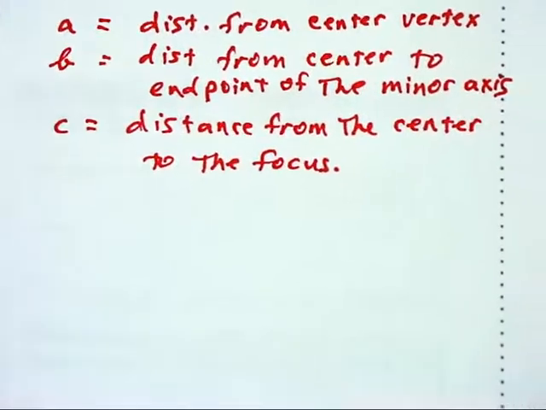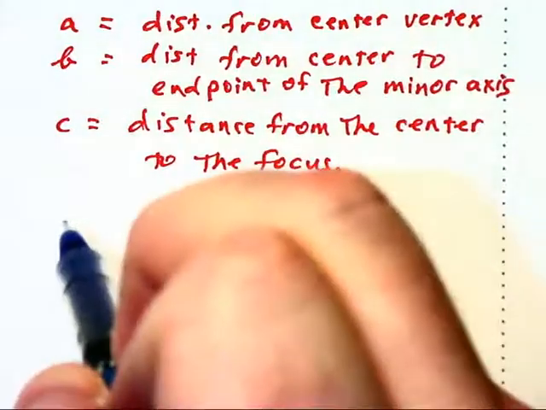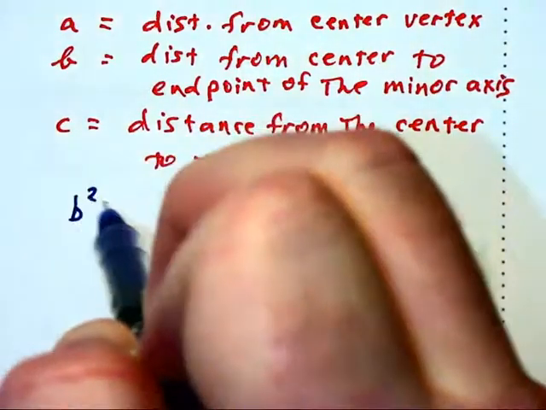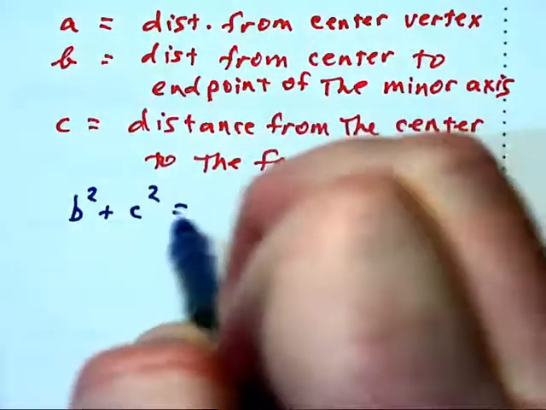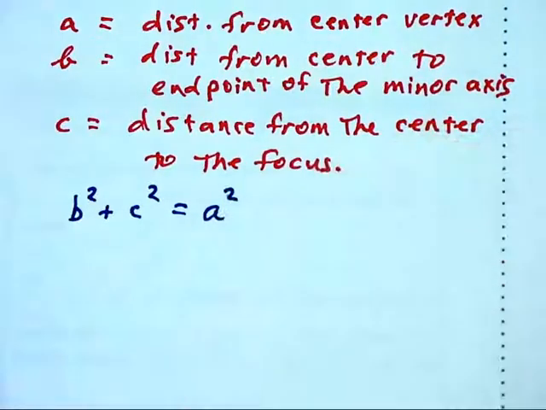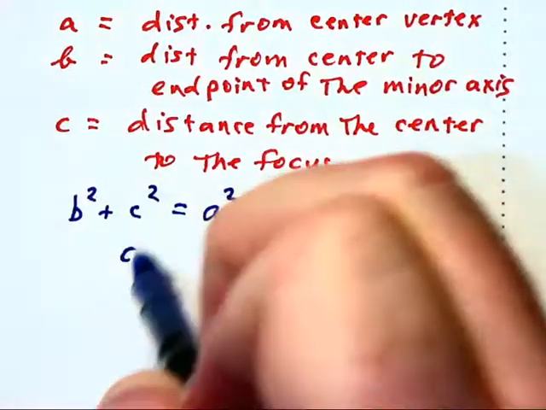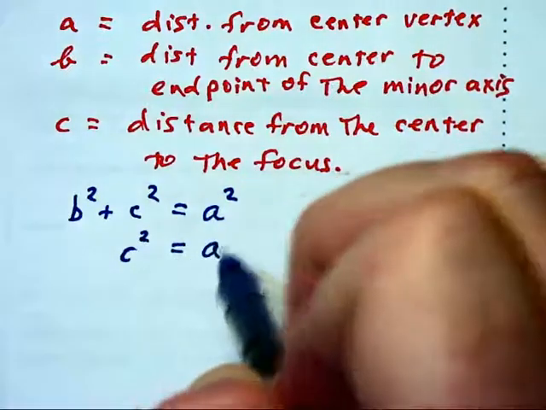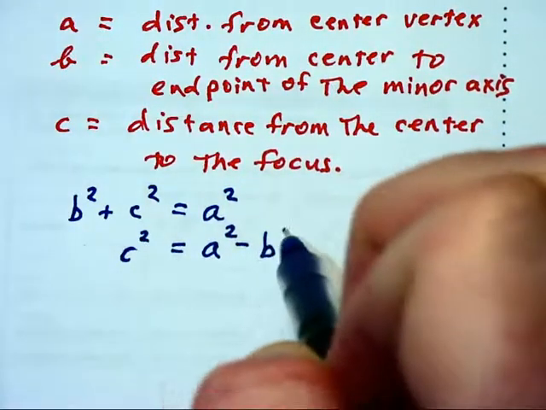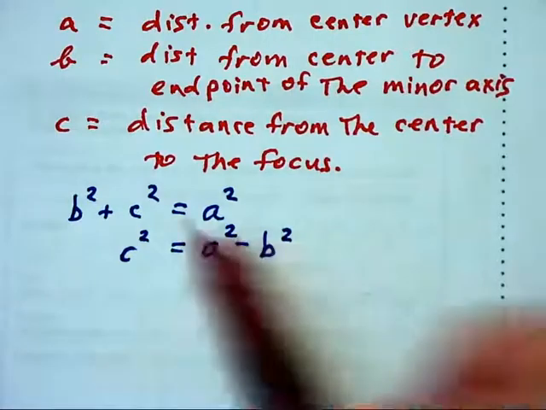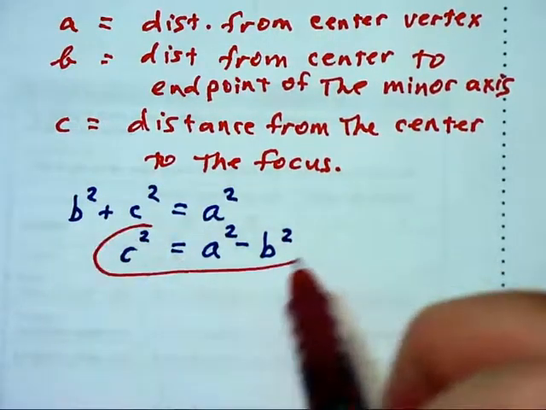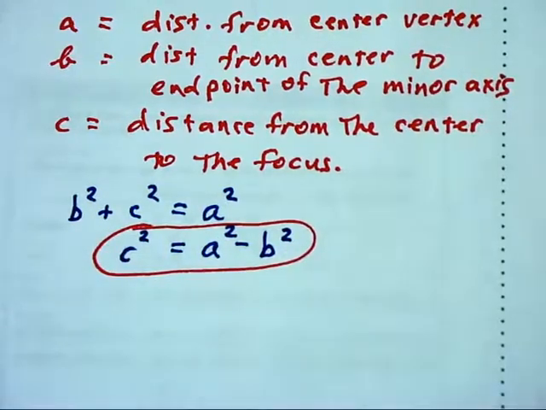So let's draw out the Pythagorean theorem here. We're going to have b squared plus c squared is equal to a squared instead of the usual version we're used to. And solving that for c squared, we will have c squared is equal to a squared minus b squared. And that is another reason that we have drawn this out here.